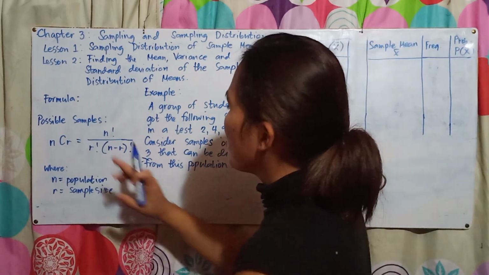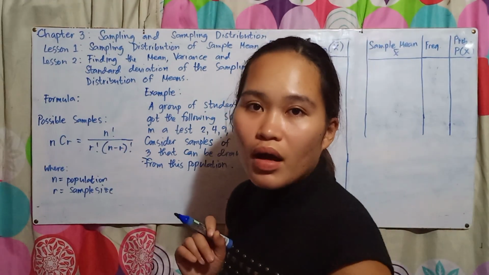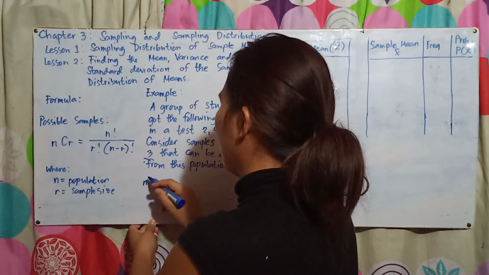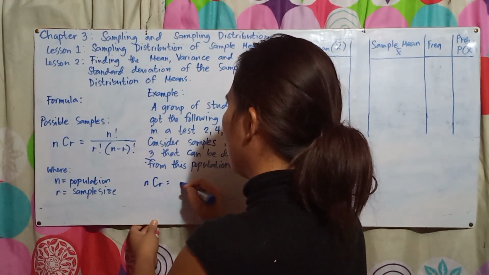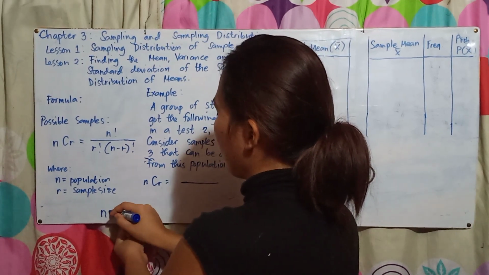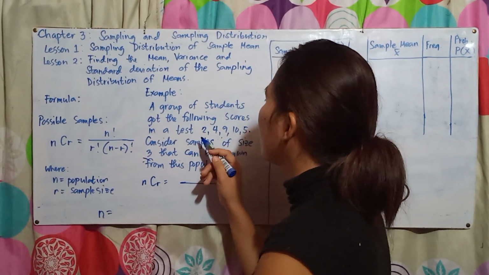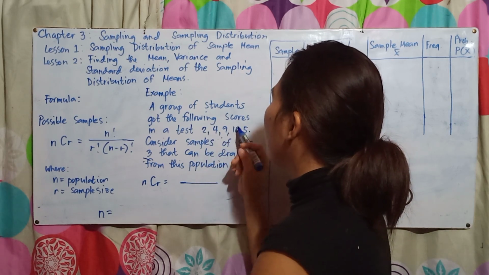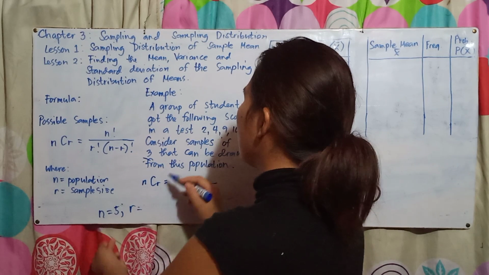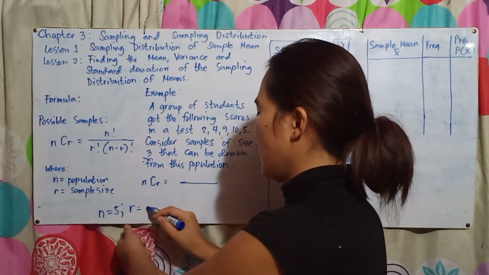So we use the combination formula. nCr equals, n is the population. How many are in the population? 1, 2, 3, 4, 5. r, the sample size, is 3.